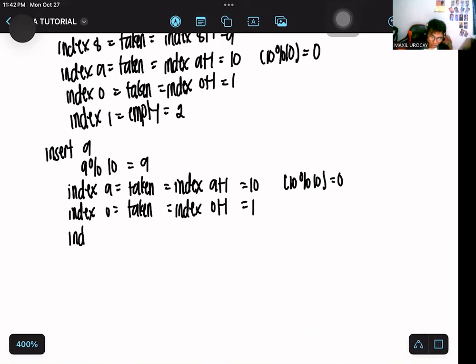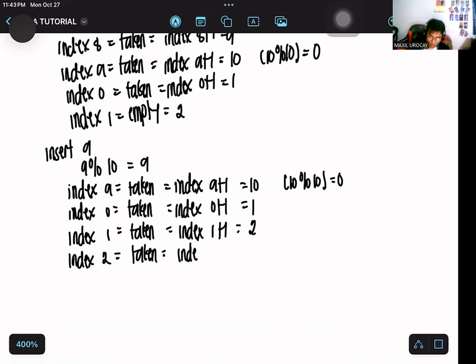So index 1 is also taken. So therefore, plus 1 again. Index 1 plus 1 equals 2. Index 2 is taken. So you can just simply say index 2 plus 1 equals 3.